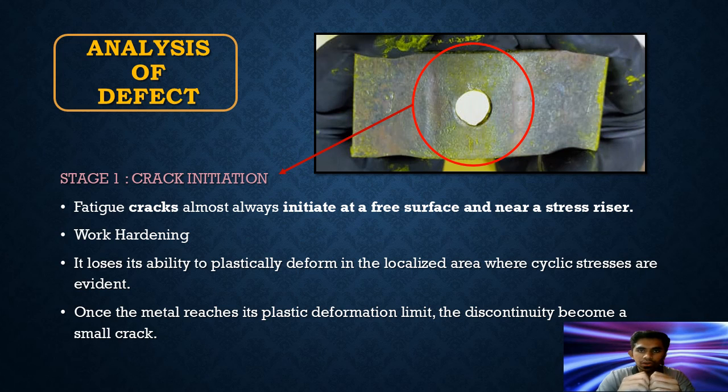Once the metal reaches the plastic deformation limit, the discontinuity becomes a crack. So these are the details about crack initiation. Now we move to our next slide, which is stage 2.